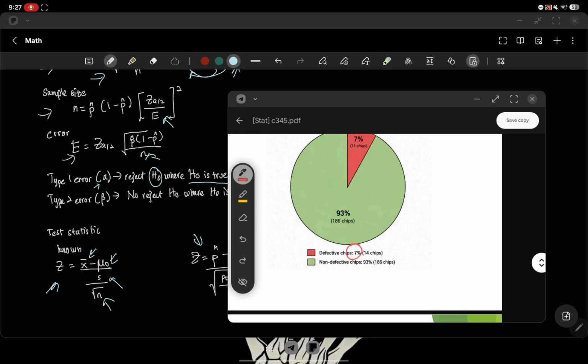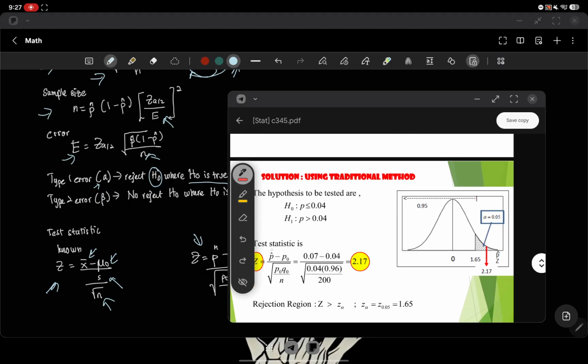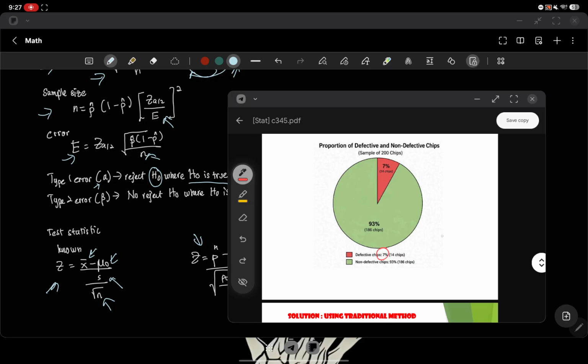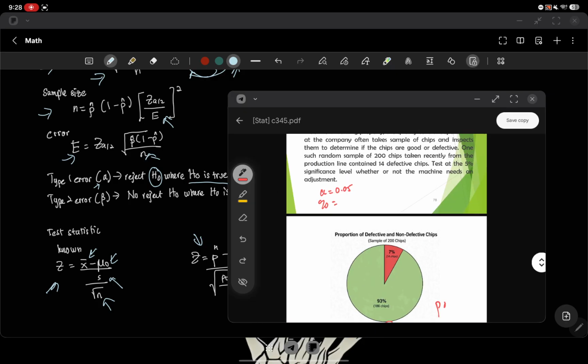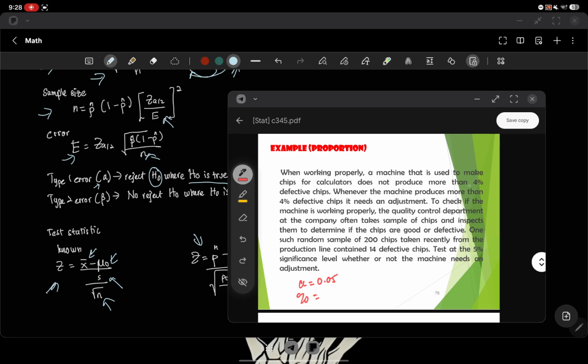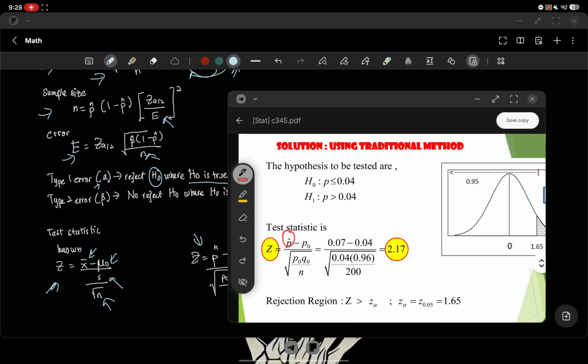P0 is the defective percentage that we have set for a machine, where P is the real proportion, and P0 is the estimated proportion. Sorry for the confusion.